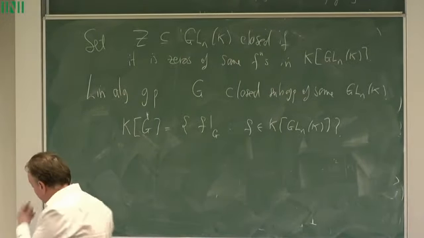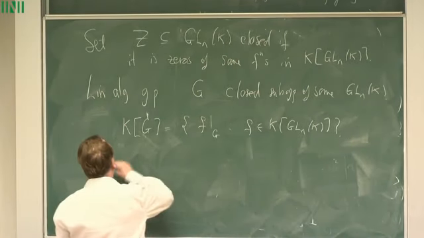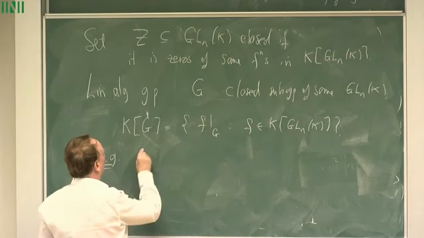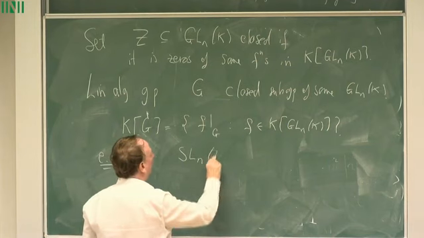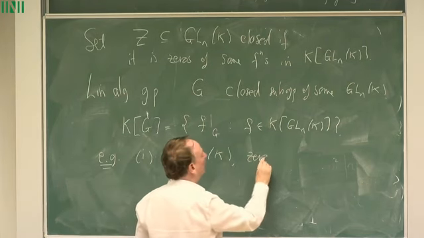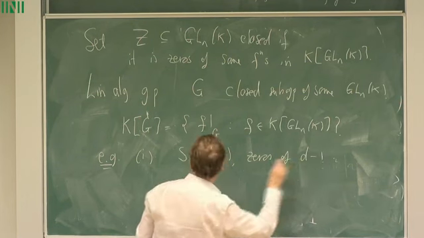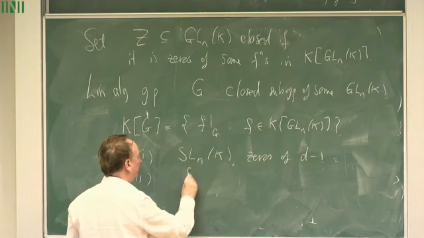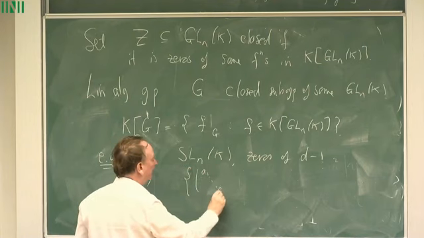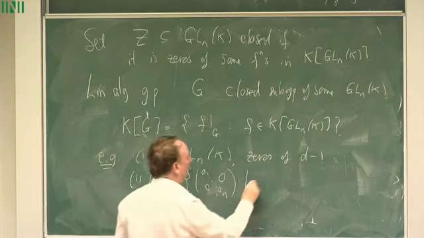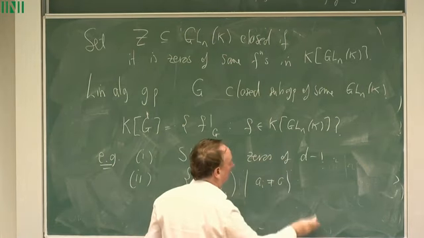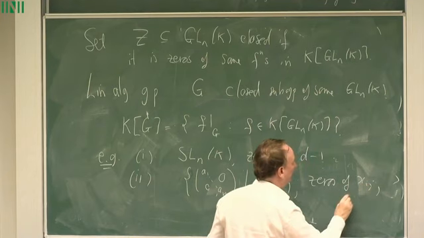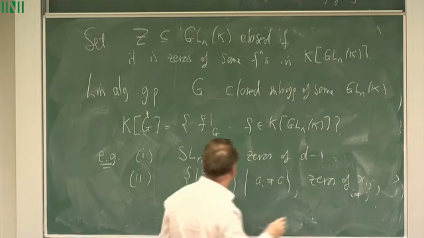And so a morphism of algebraic groups, well, first of all, some examples. SL_n(K), that's the set of zeros of det minus 1. The set of diagonal matrices, that's the zeros of x_ij where i is different from j. That's called a torus.